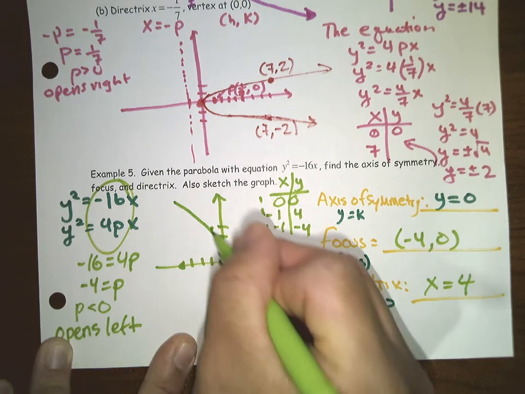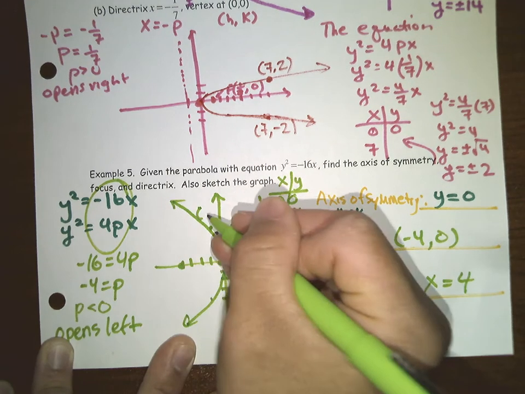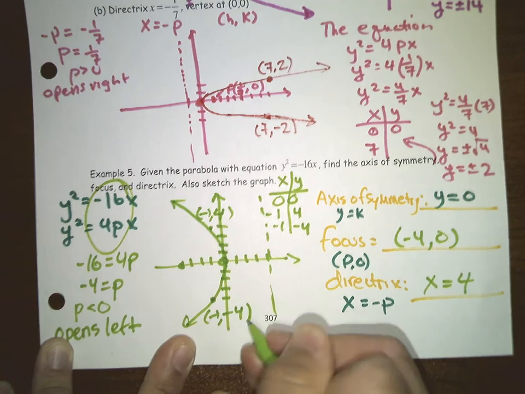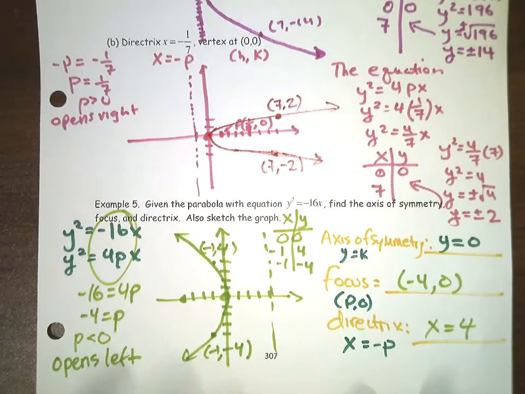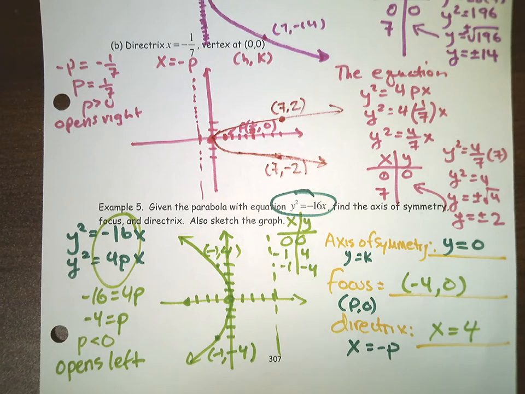And so the graph looks like this. Again, I just did that by substituting the points into this equation here and then figuring out what the y values would be. There you go.